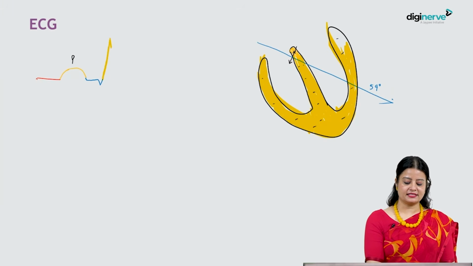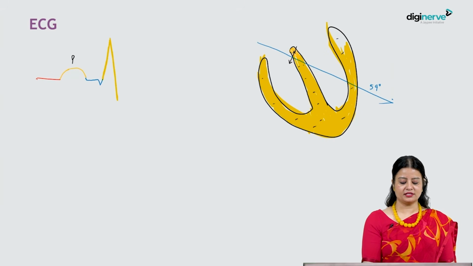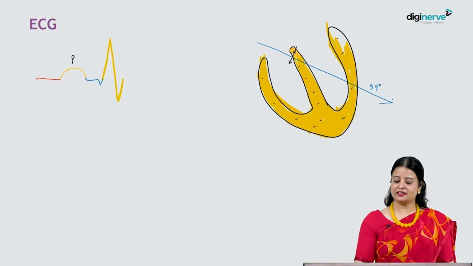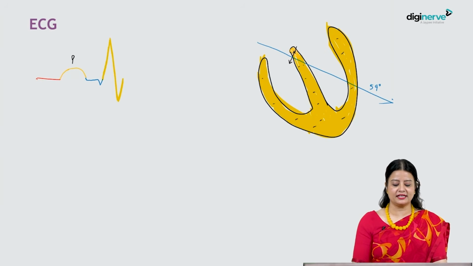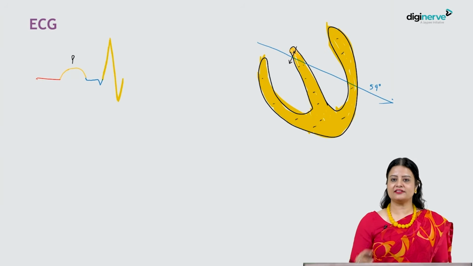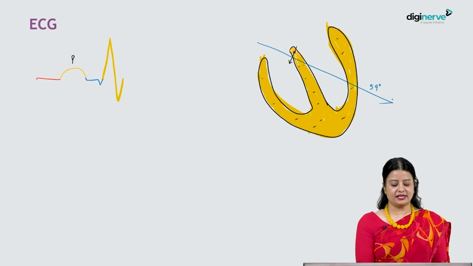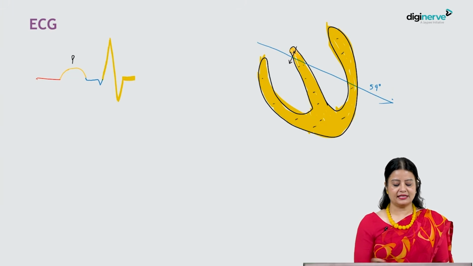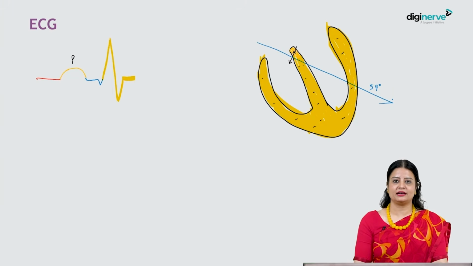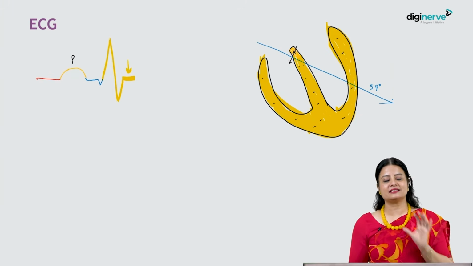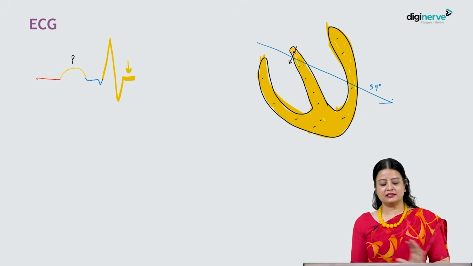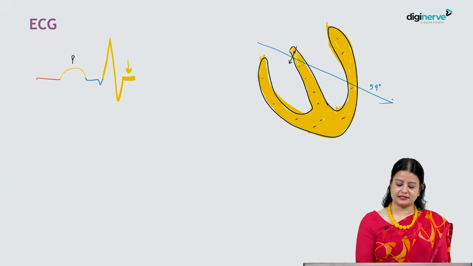So in that case, it is responsible for the S wave, and then when even the posterobasal part of the left ventricle is also depolarized, when the entire ventricle is depolarized, again we get an isoelectric line. So this isoelectric line is the place when the entire ventricle is depolarized.